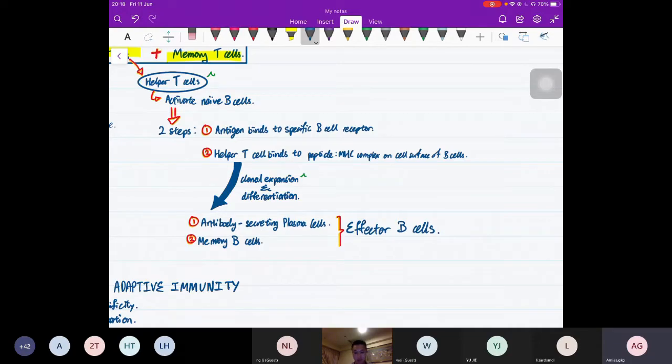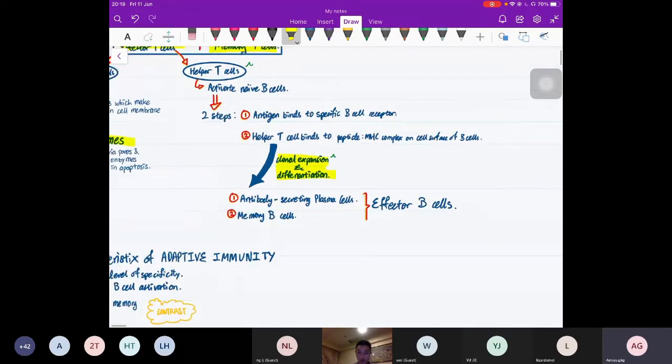Then again, your helper T cells secrete cytokines, which then stimulate your clonal expansion and differentiation. After differentiation, your naive B cells become two things: your plasma cells and your memory B cells. So your plasma cells are the ones that secrete your antibodies, and for the rest of the lesson today, we'll be referring to both of them as effector B cells.